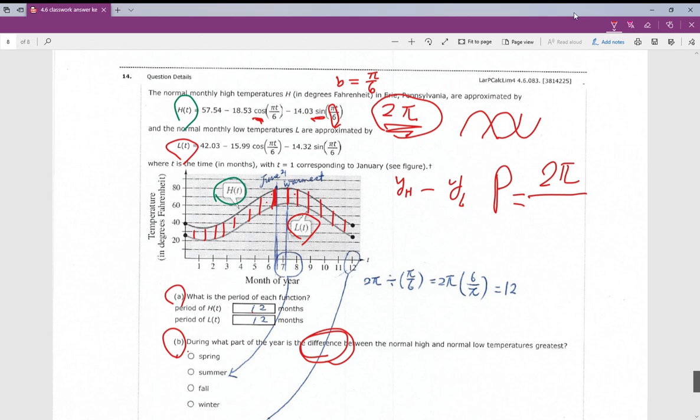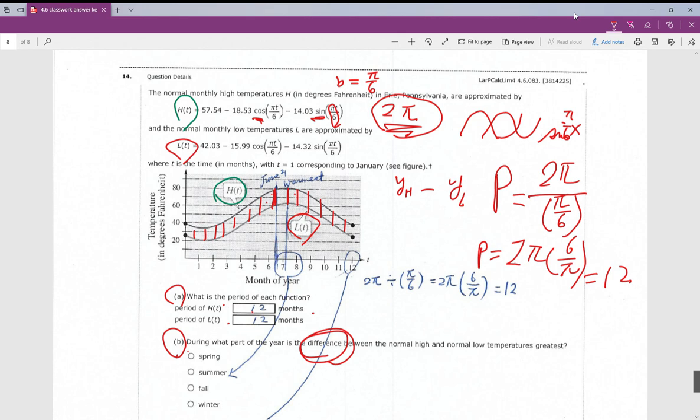The original sine function's period is 2 pi. But because we have pi over 6 to multiply, you divide by pi over 6, following the formula. Therefore, p equals 2 pi times 6 over pi, and you reduce, p is 12. So both functions have a period of 12 months. So this is not too hard.